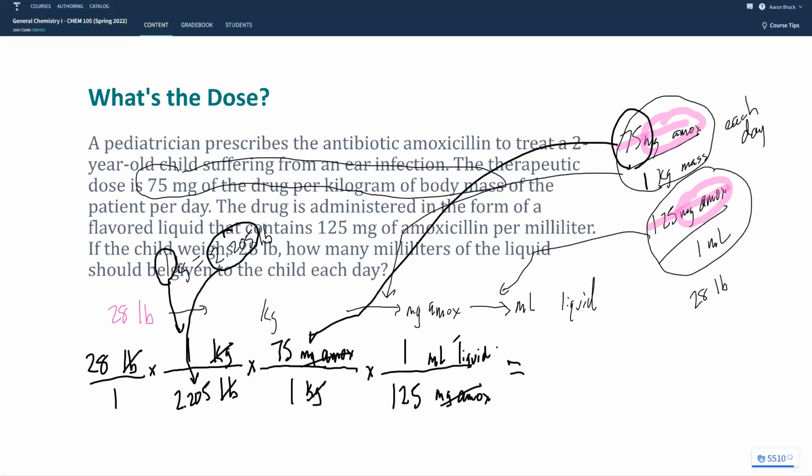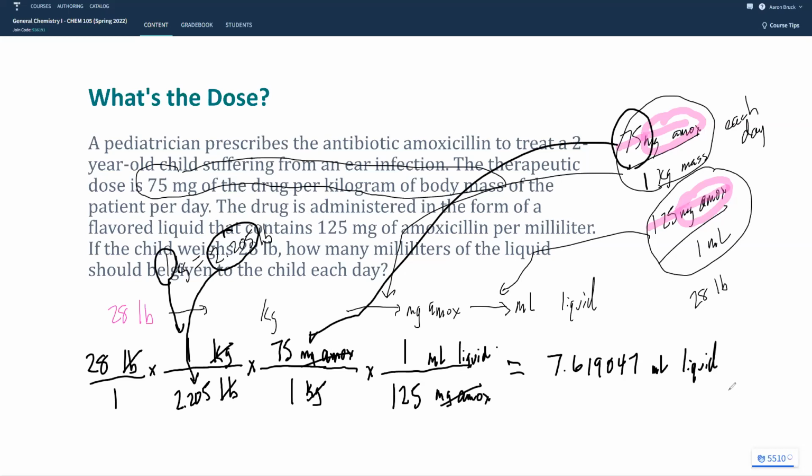I'm left with milliliters of liquid. So now I need to break out the calculator. 28 times 75 times 1 divided by 2.205 divided by 125. My calculator says this, 7.619047, and there's a whole bunch of other digits after that, milliliters of liquid.